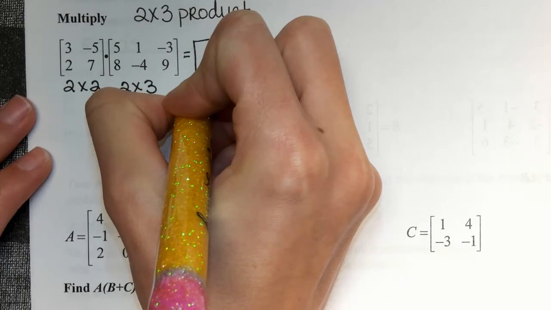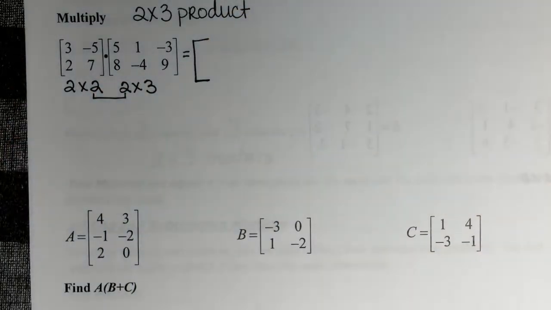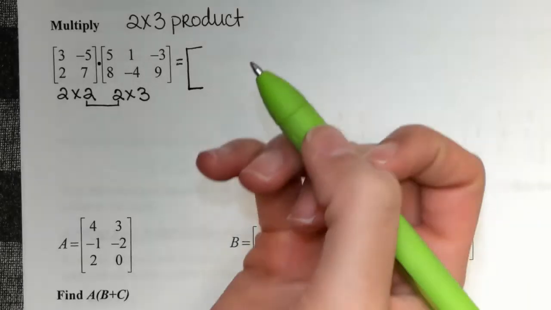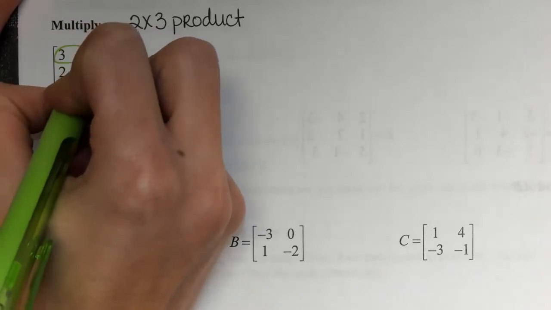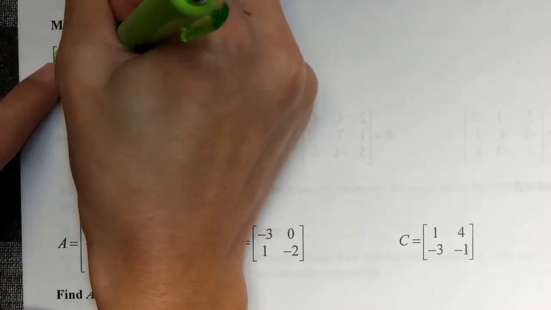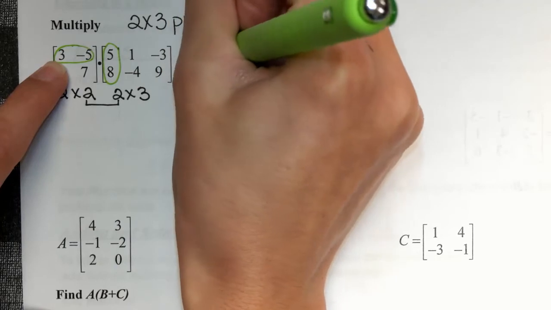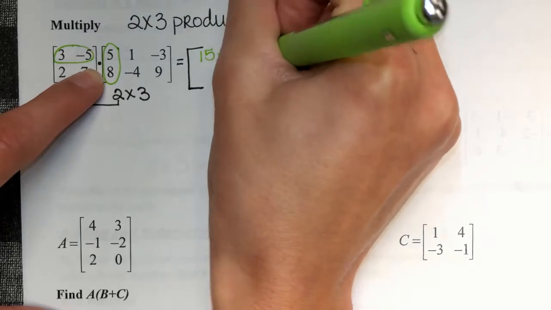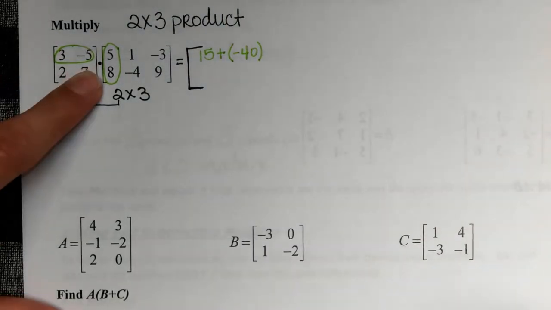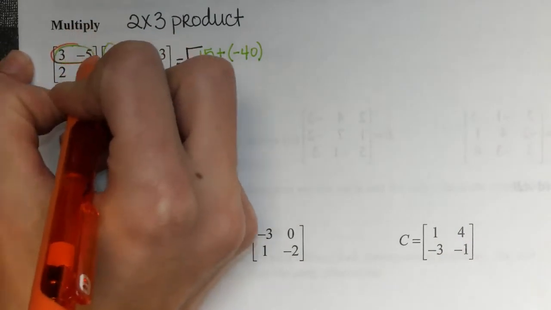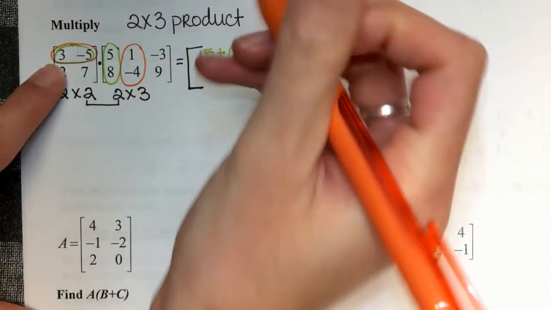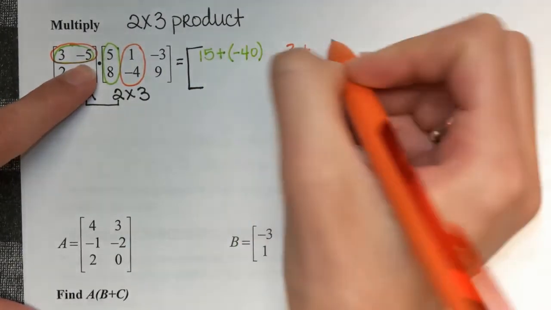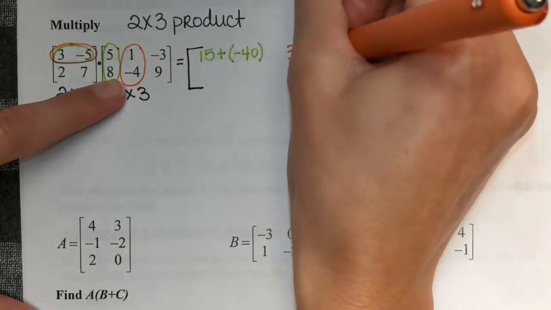I'm still going to do my middle step because I want you seeing what you're doing. I'm taking first row, first column. 3 times 5 is 15, plus negative 5 times 8 is a negative 40. First row, second column, 3 times 1, 3, plus negative 5 and negative 4, give me 20.